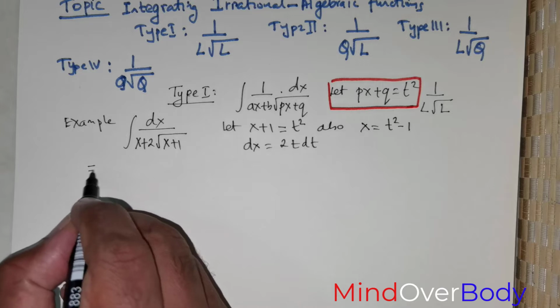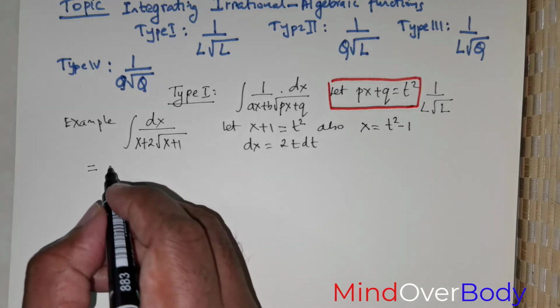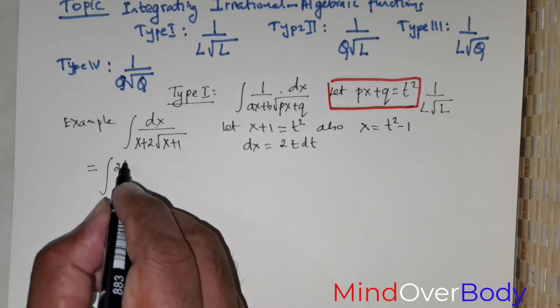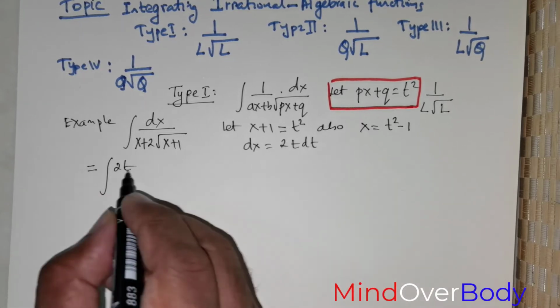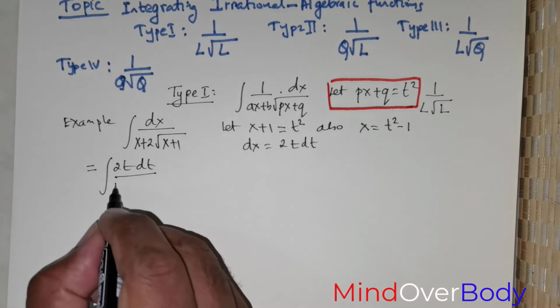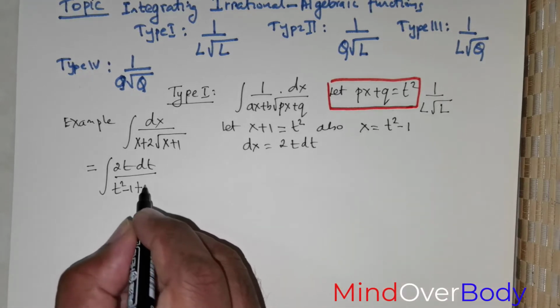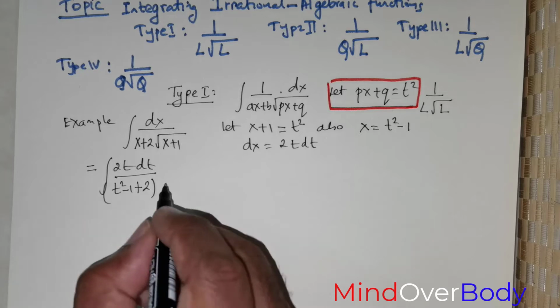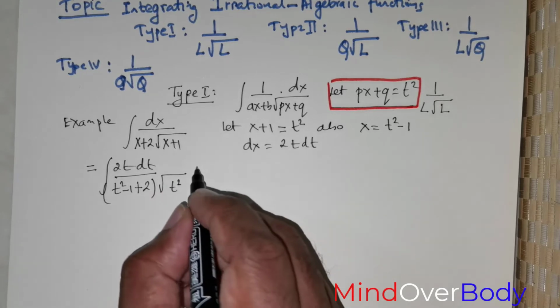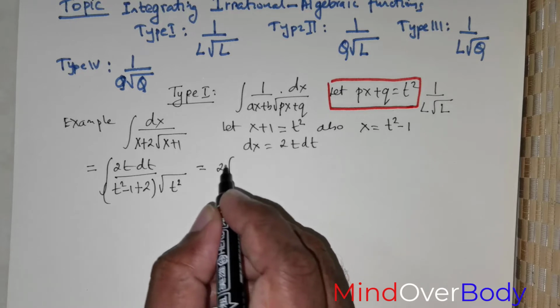So this original integral is rewritten as the integral: in place of dx I'm going to substitute 2t dt over, in place of x I'm going to substitute t squared minus 1, plus 2, times root of, in place of x plus 1, t squared.